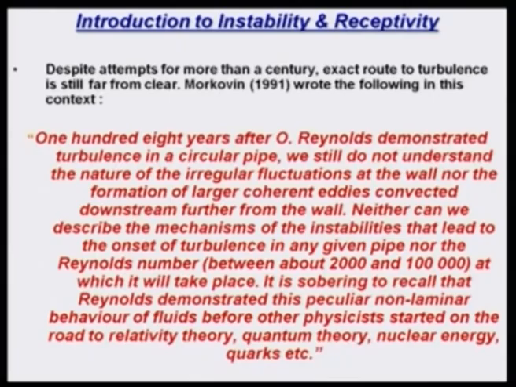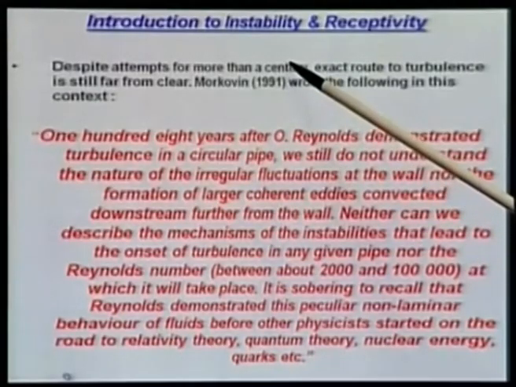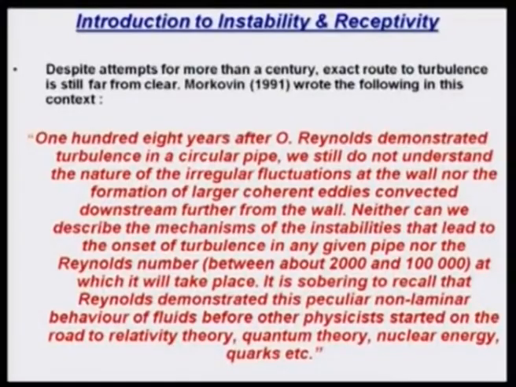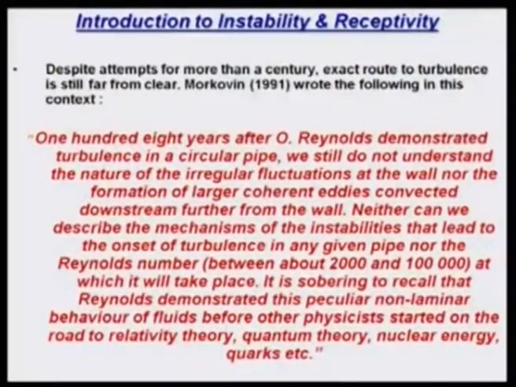He said that Reynolds demonstrated turbulence in a circular pipe, and even today, I mean as of that day, or I could say even today in 2010, 20 years almost down the line, we still do not understand the nature of turbulence that you see in a pipe flow.